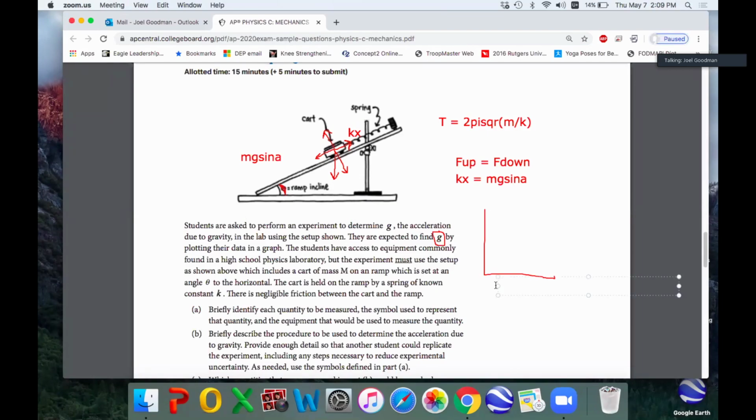So if I just did sin angle here, and up here I wrote kx over m, will I be getting a linear equation? Yeah, you should be. And then what would be the slope of that line? g.